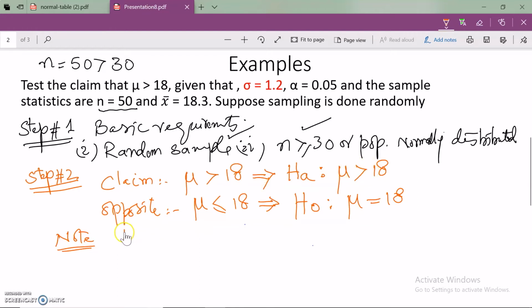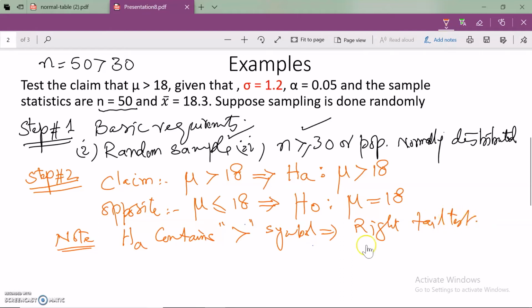So you will say as the H sub A contains a greater than symbol, so it implies that it's a right tail test. Finally, in this step, we have to decide the significance level.